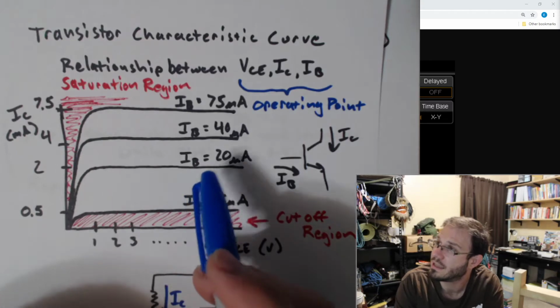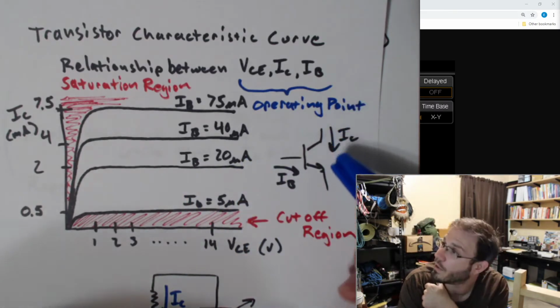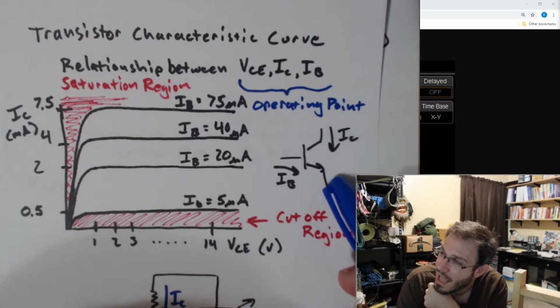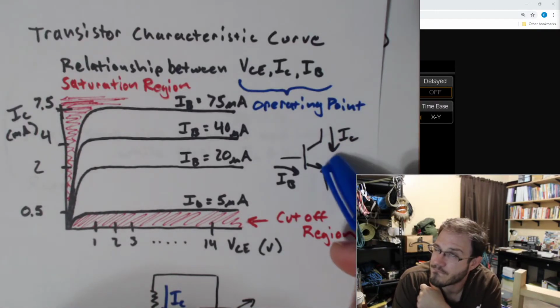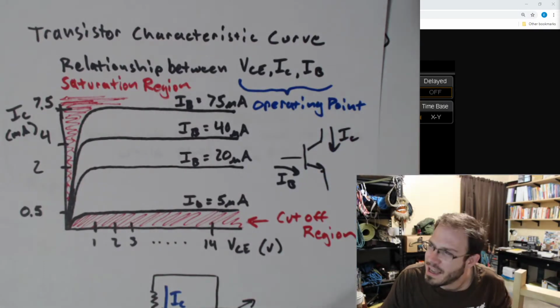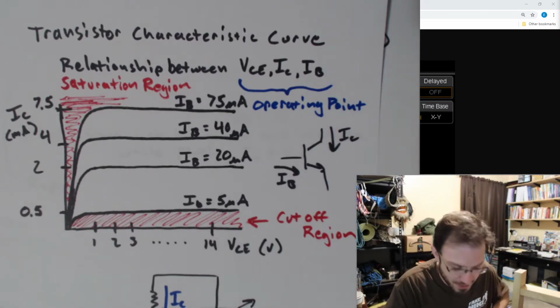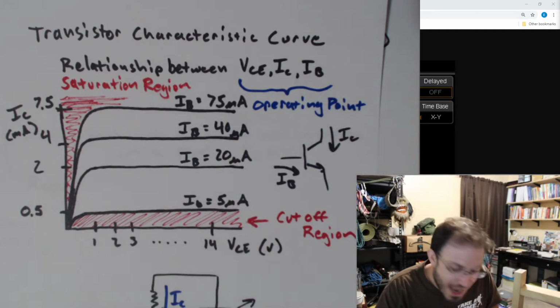This is where the transistor behaves as though it's limiting the current flowing from the collector to the emitter. Let's see, what did I want to say about that? Where beta matters, right? Where that inherent gain of our transistor matters.